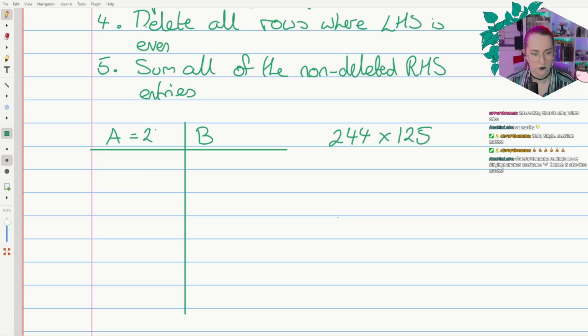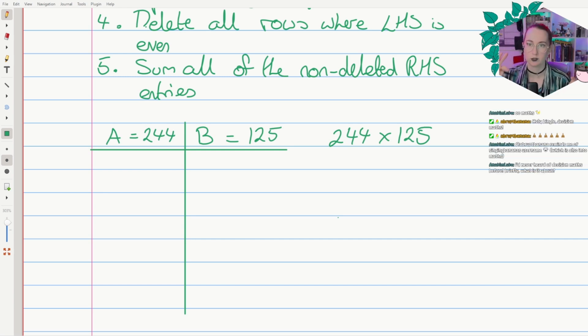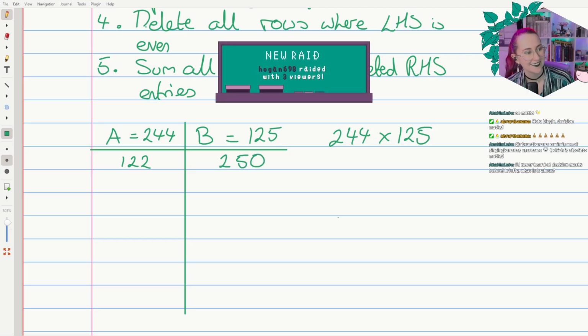So we set A as 244 and we set B as 125. Could do it the other way around, doesn't really matter. So each time we go down in the row, we halve A and we double B. So half of 244 is 122, and then double 125 is going to be 250.